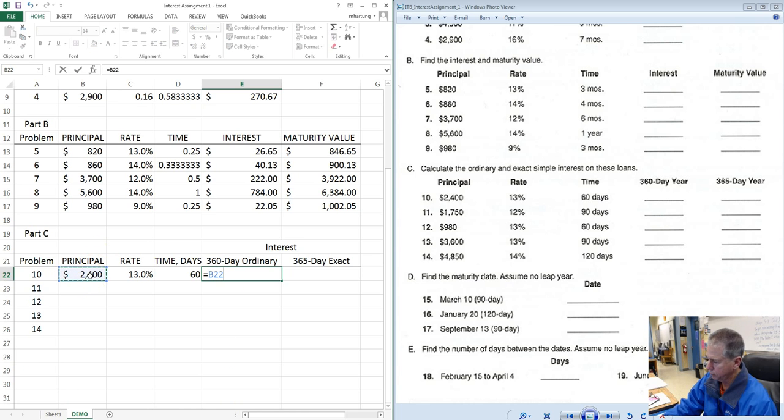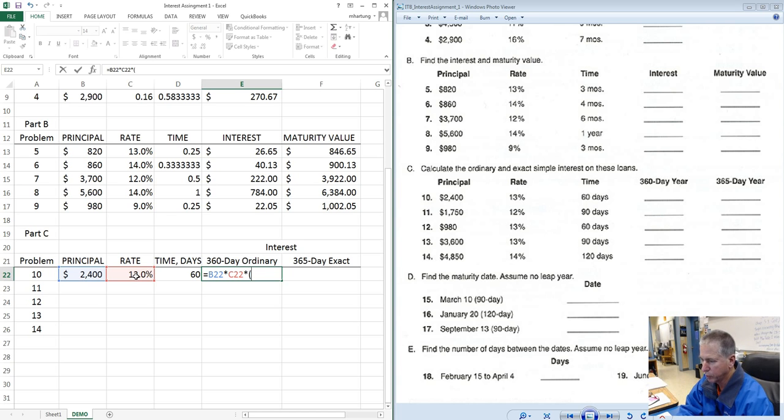Principal times our rate times our time. But this time we're going to use parentheses to control the order of operations because we want to calculate that time specifically for an ordinary year here, so we're going to have to divide those days by 360 to convert the 60 days to the number of years in a 360-day year.